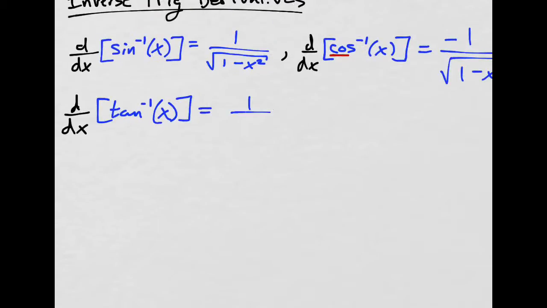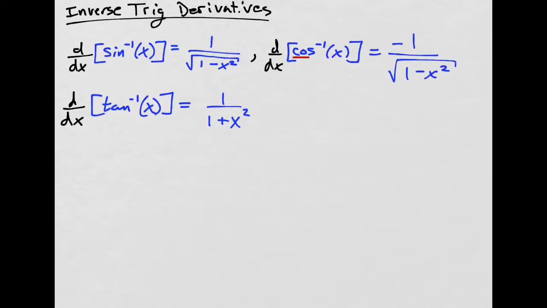So that's how I remember that I have 1 plus x squared. It doesn't matter whether the x squared or the 1 comes first, because it's addition. It's plus because of the t. Oh, it's inverse tangent, so I'm going to have a plus sign instead of subtraction. And the other part is just remembering that there is no square root.